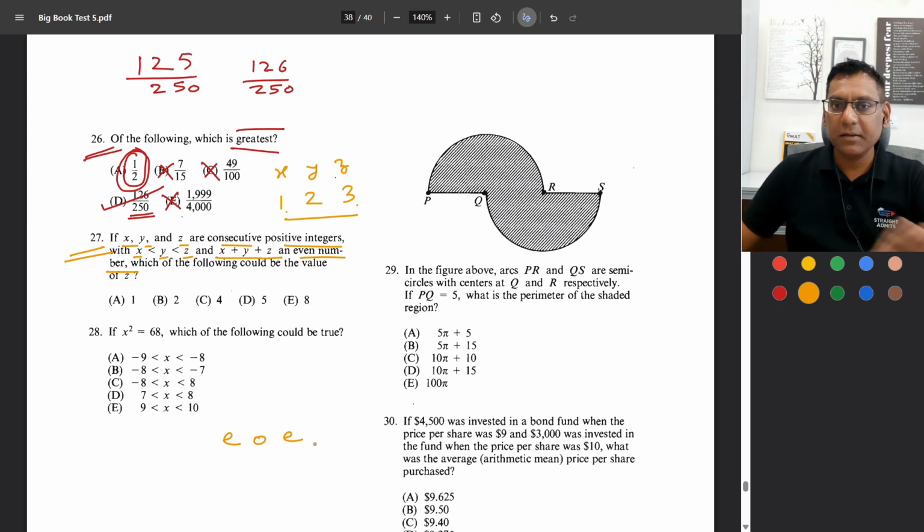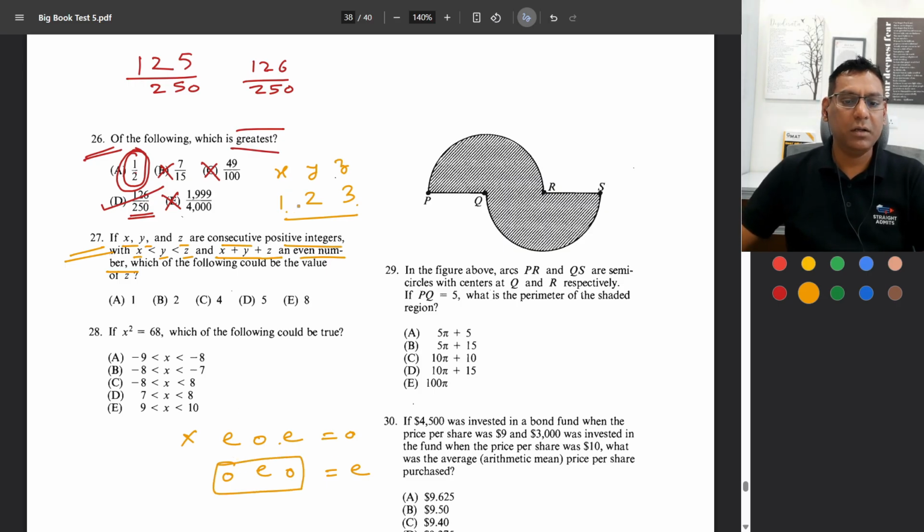But that sequence will not work. Why? Because then I'll get the sum as odd. It has to be odd, even, odd. Then only I'll get an even sum. We happen to start with 1, 2, 3, but 2, 3, 4 will not work. Something like 3, 4, 5 will also work. That's basically the point.